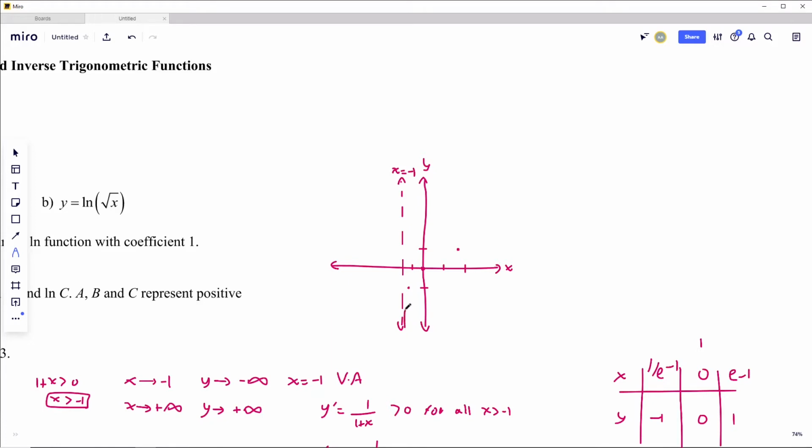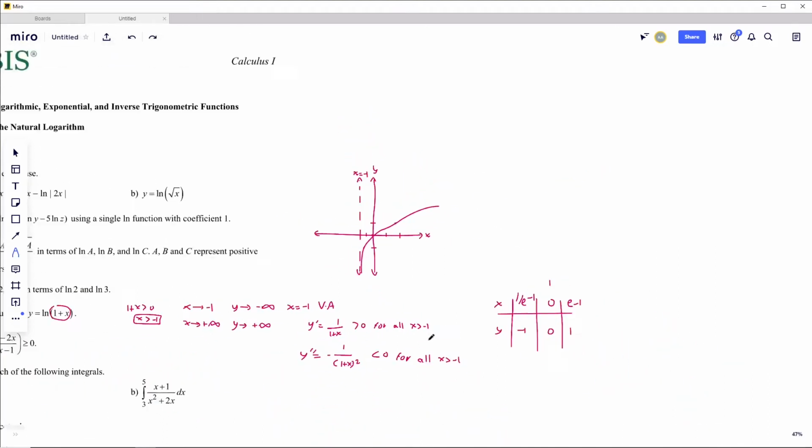It doesn't have to be as accurate, and I'm graphing digitally, so it's going to be weird. But generally it looks like this kind of graph.